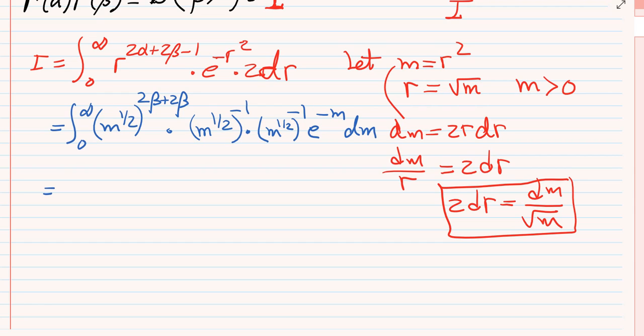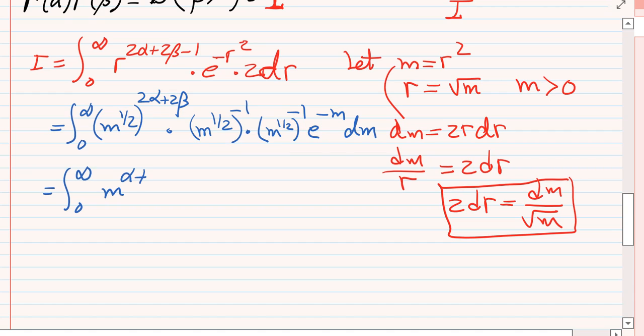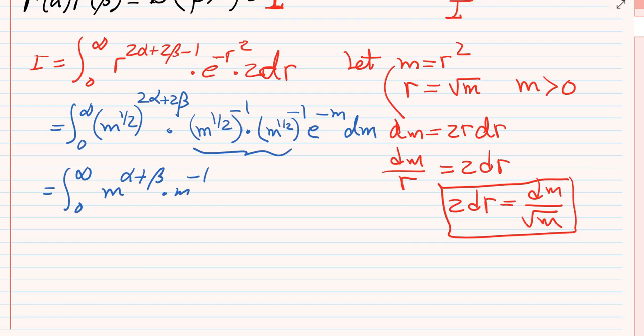So this is going to equal the integral from 0 to infinity. Now we can combine all the m's here. M to a half to the 2 alpha plus 2 beta, that's going to be simply m to the alpha plus beta. These two, m to negative a half times m to negative a half, well, that makes it m to negative 1.